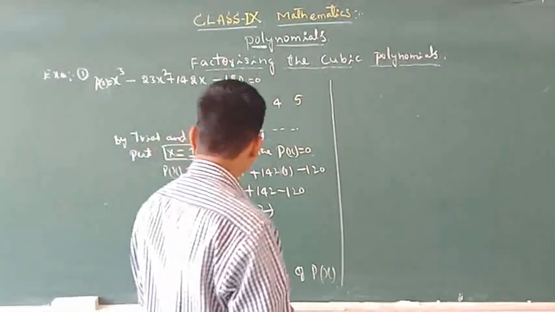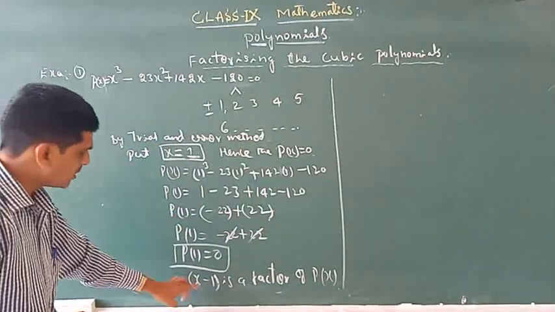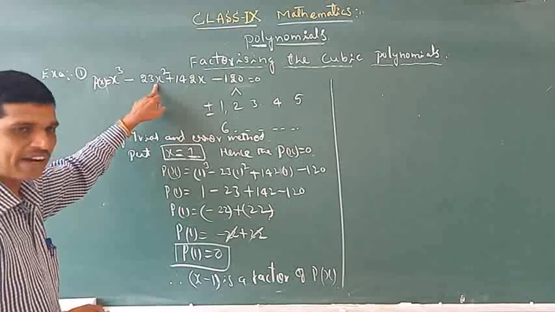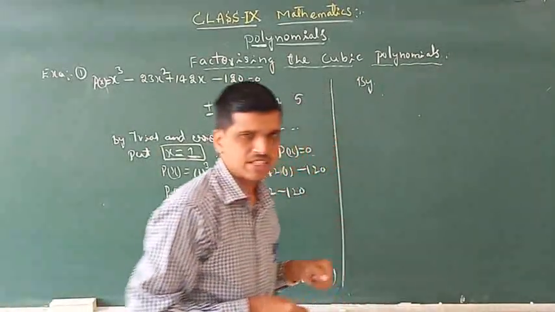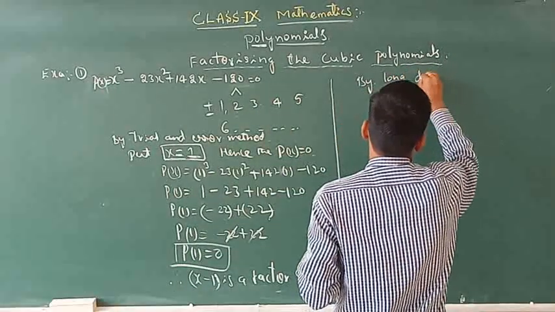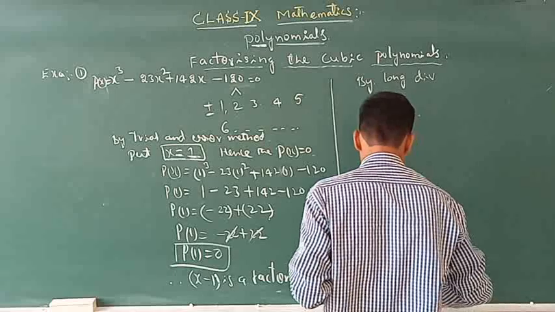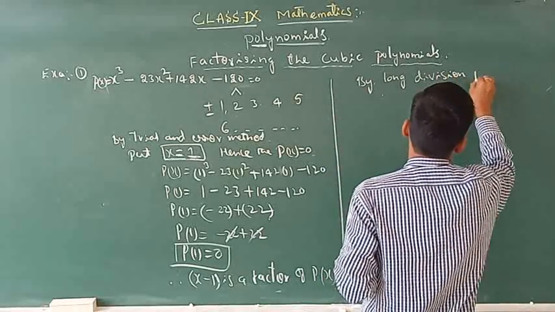So divide this polynomial by this one. This is the divisor and this is the dividend. You know already the traditional method, the long division process.